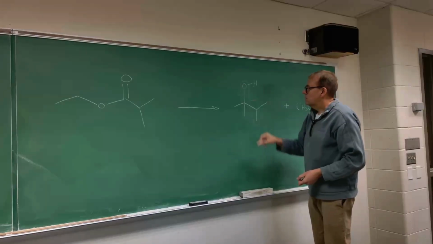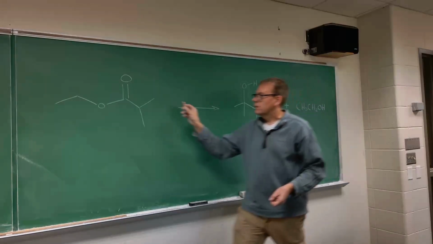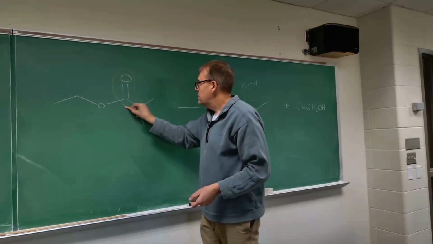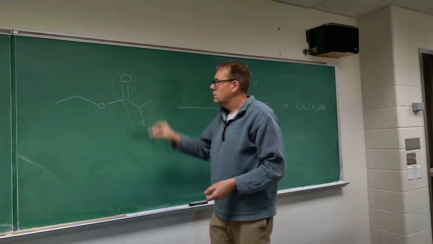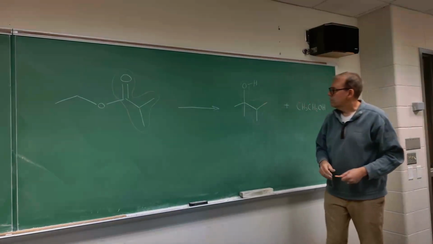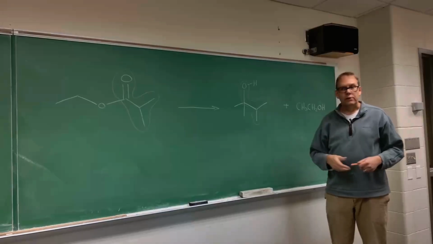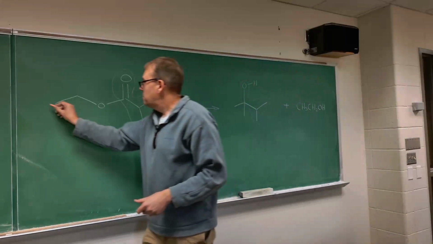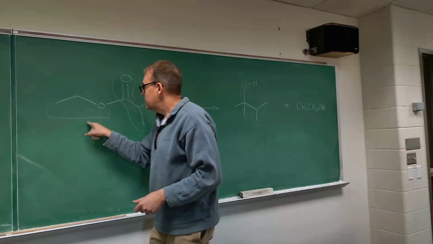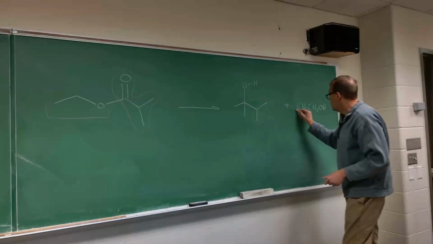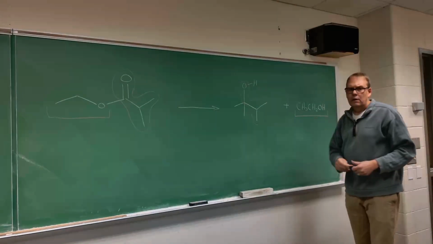If you map these atoms onto the starting material, all these atoms that I'm circling are present in the starting material. And then this bit right here ends up being this part right here.